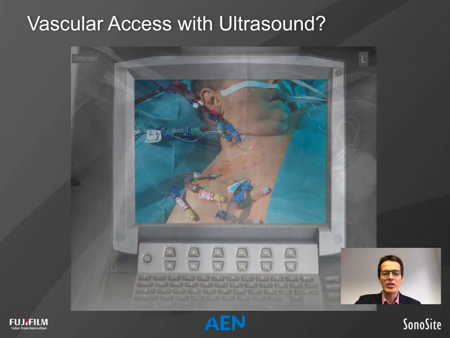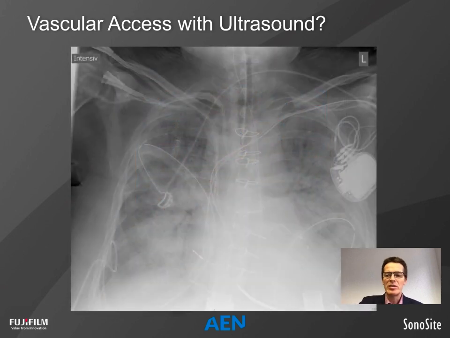And if you look at this on a chest X-ray, you will find the ultrasound guided placements of two catheters, the blue ones and the displacement of the red one, which was placed in the subclavian artery in an emergency situation. So nobody tells that using ultrasound reduces complications as such.